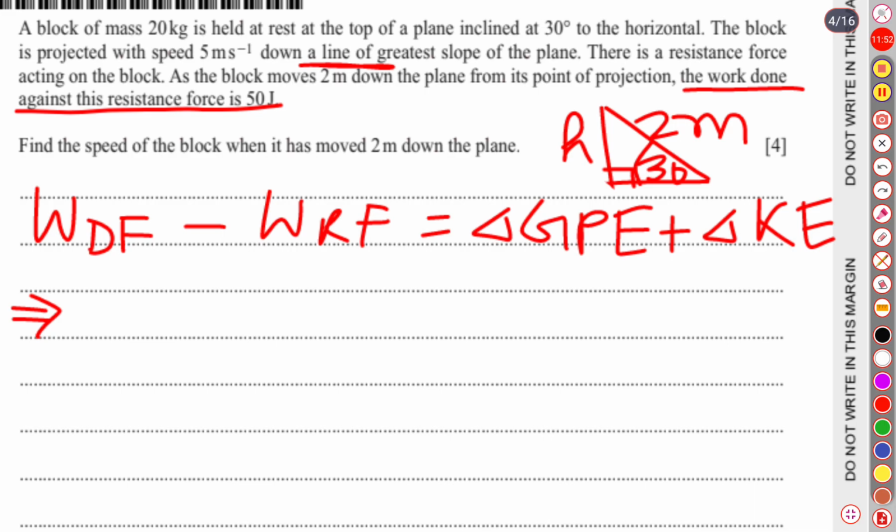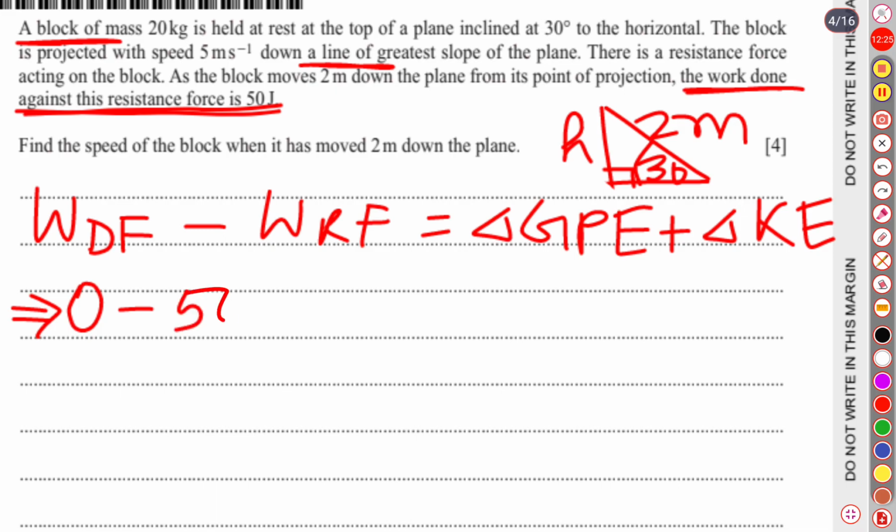Driving force indicates an external force, but no external force is acting on the block, because the block was projected. That's why there is no driving force, hence the work is zero. Then the resistance force: the plane was not smooth at all, it was rough. That's why there was a constant resistance force.